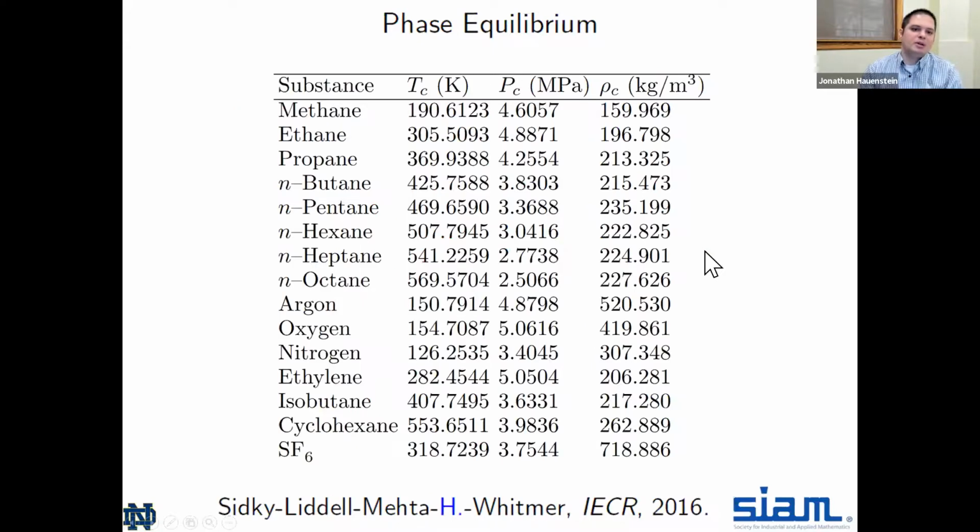Great. You can apply this to your favorite substance: methane, ethane, propane, oxygen, nitrogen. And we pulled equations out of the literature. We ran this homotopy, and all of our critical temperature, pressure, and densities agreed with the common literature in chemical engineering.